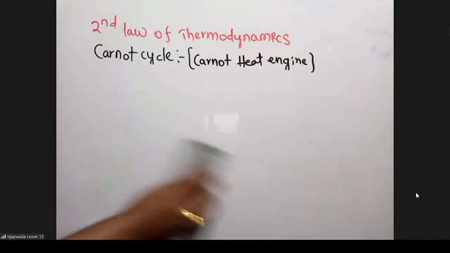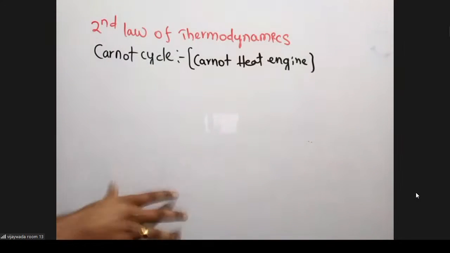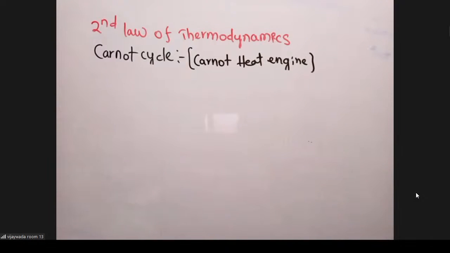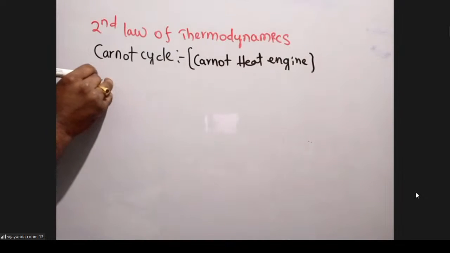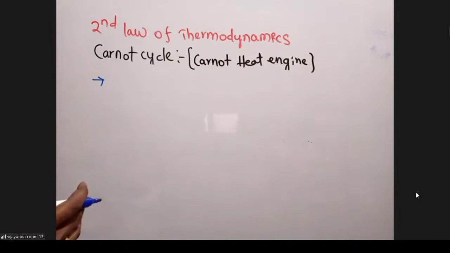It's a hypothetical heat engine and reversible because it is a cycle, it is a reversible engine. In Carnot heat engine, there are four operations to produce work from the engine.